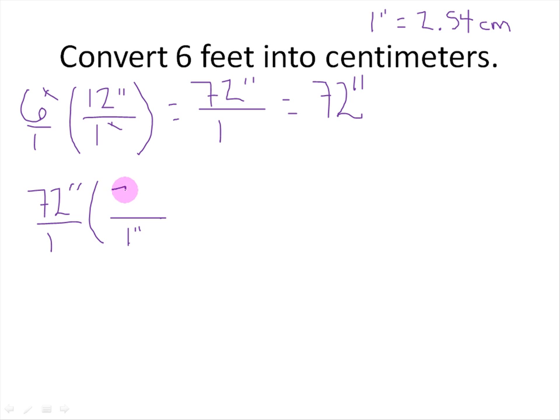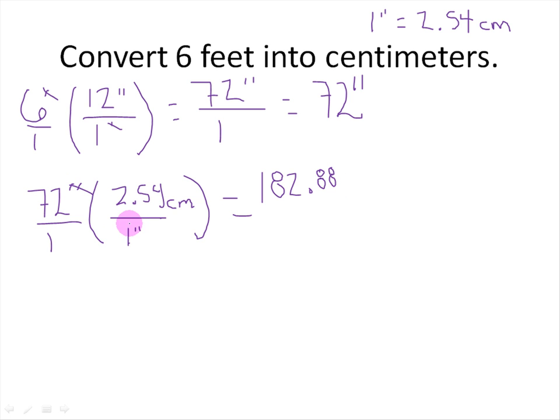And that's 2.54 centimeters. And we can multiply that. Now, 72 times 2.54 is 182.88.